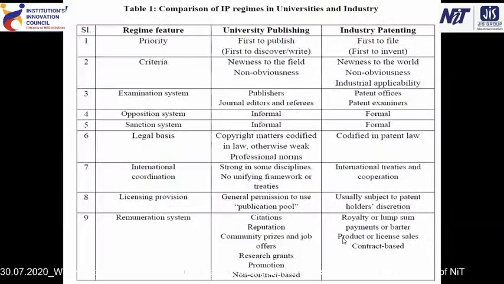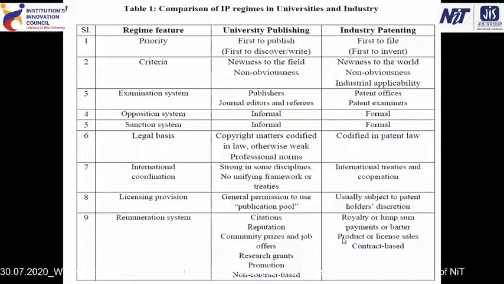This is the regime of features: university publishing and industry patenting. This one is very interesting. Suppose a creation or intellectual property for a university and for industry differ far. Number one priority for the university is to be first to publish and first to discover. But in industry, it is first to file, first to invent, first to patent your innovation or property.